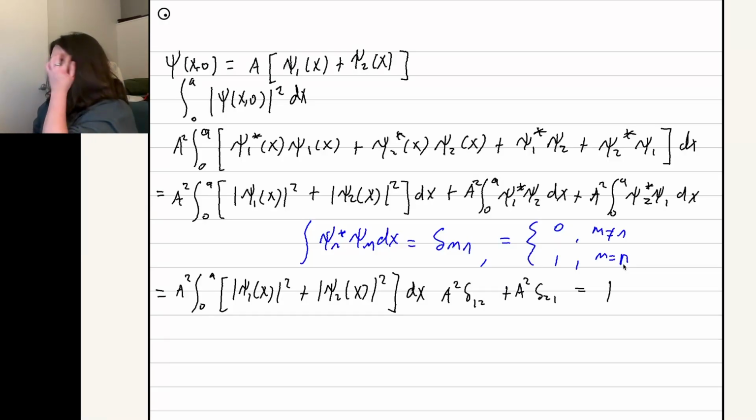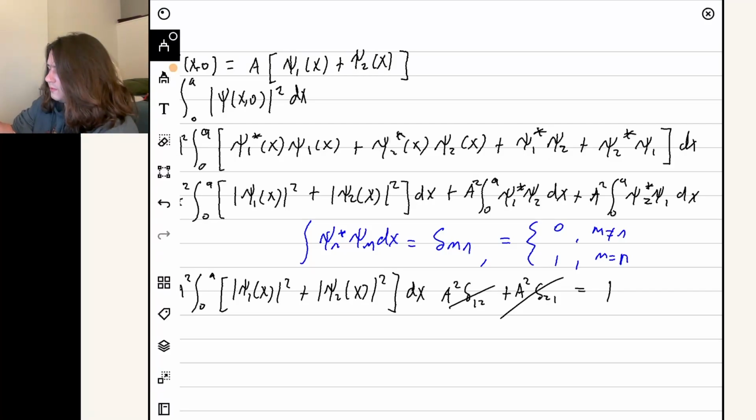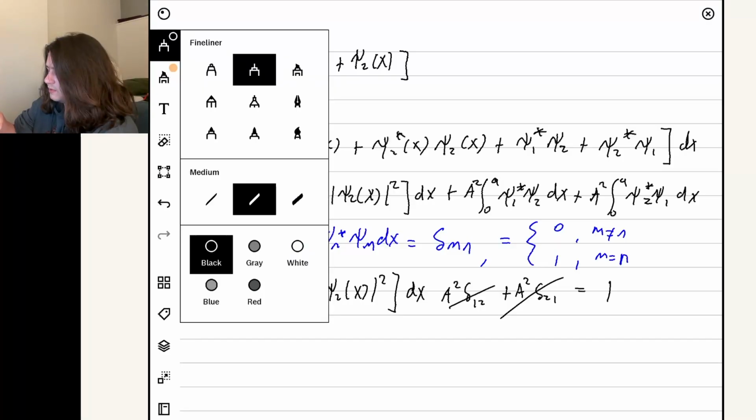And all of it has to be equal to 1. Since 1 is not equal to 2, these are both gone. So what we're actually calculating is just the sum of the two square moduli of the first two wave functions.